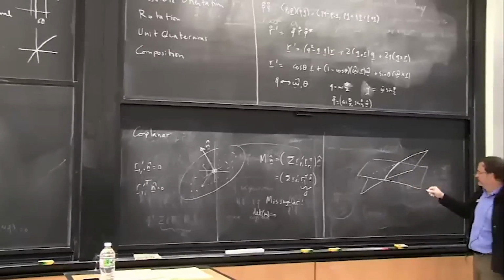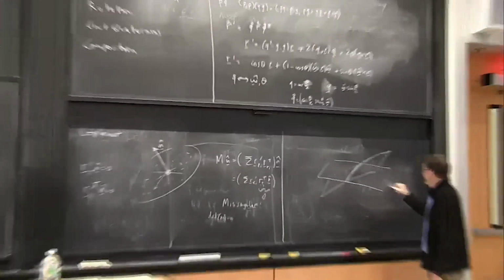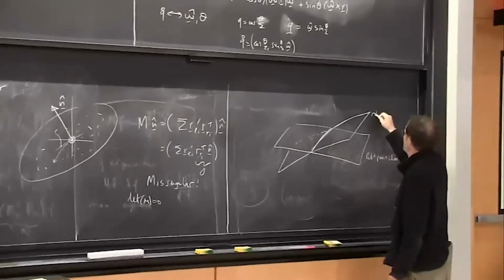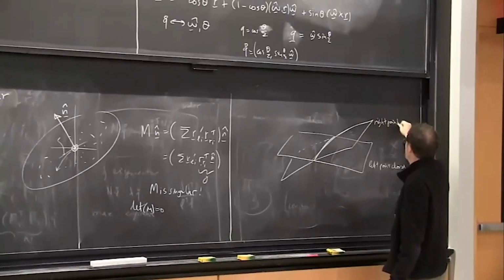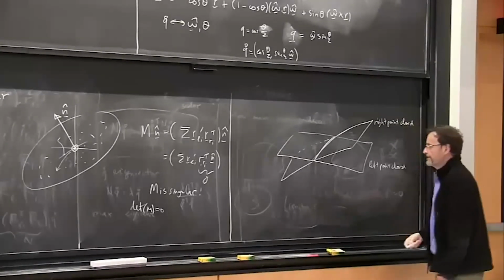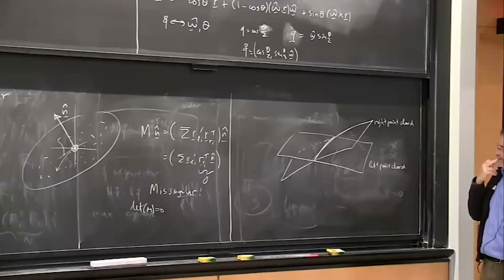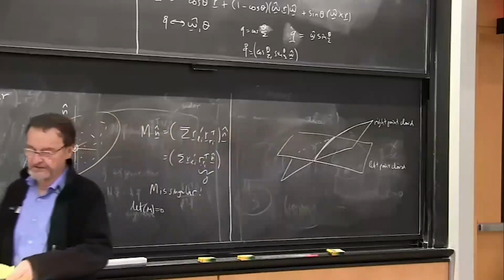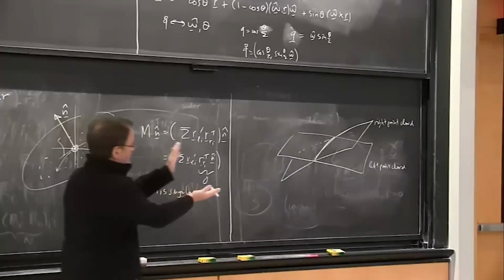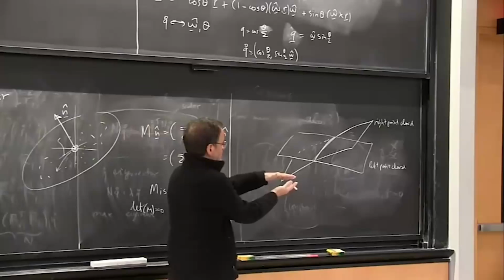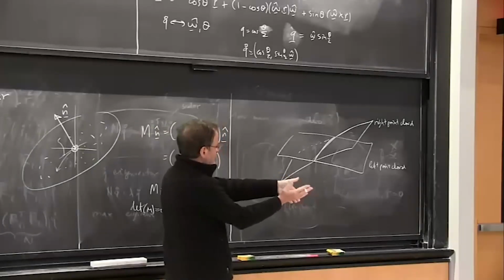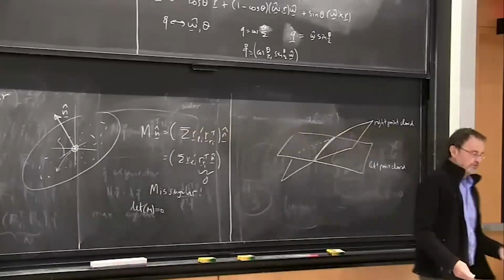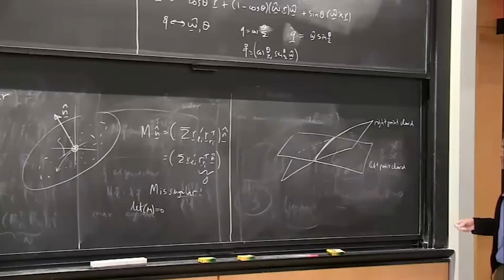Two planes, so the left point cloud, right point cloud. Then I can decompose the problem into two steps. The one step is rotate the one plane so it lies on top of the other plane, and then an in-plane rotation, and I'm done. So I can decompose the full 3D rotation into two very simple rotations.